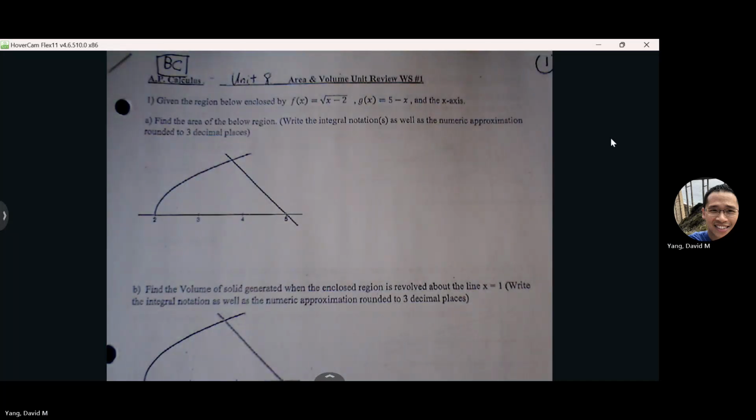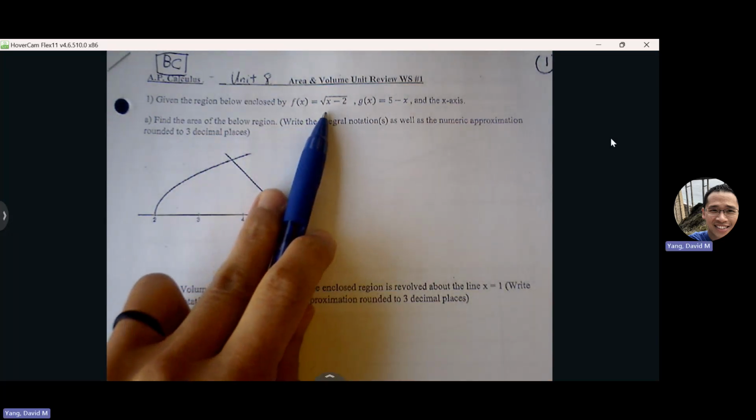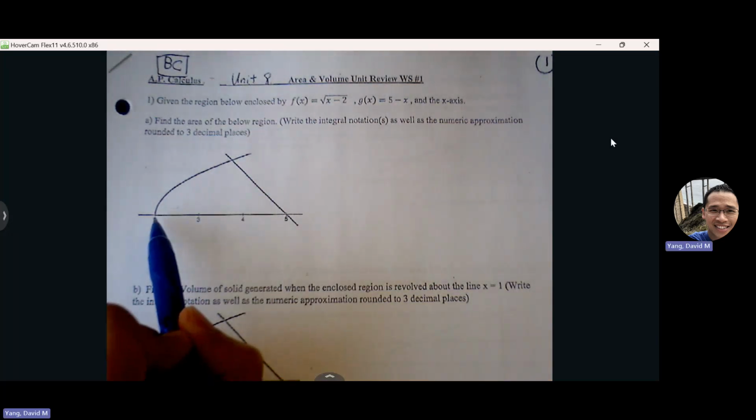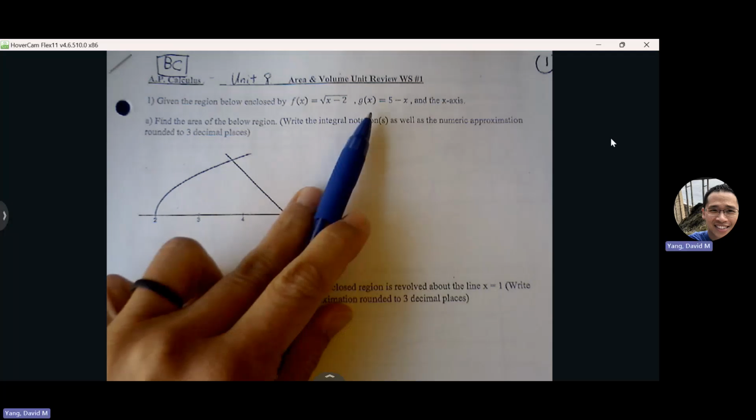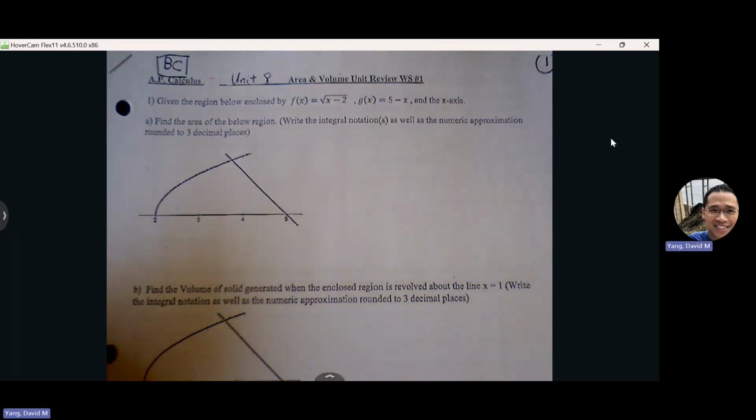All right, so let's start with 1. Given the region enclosed by y equals root x minus 2, that's the curve on the left, y equals pi minus x, line on the right.